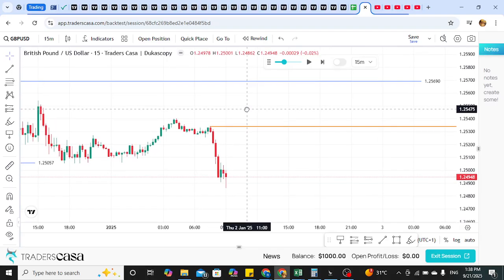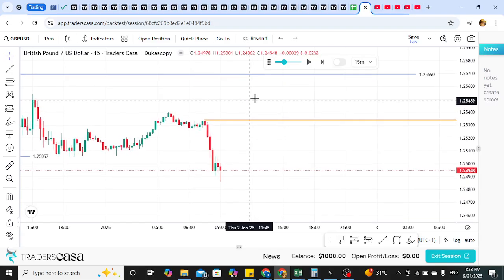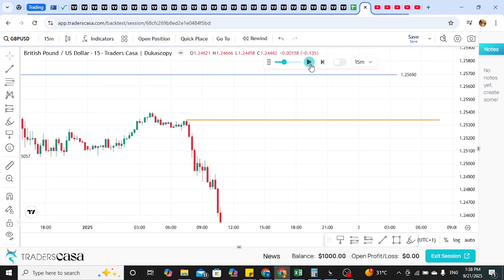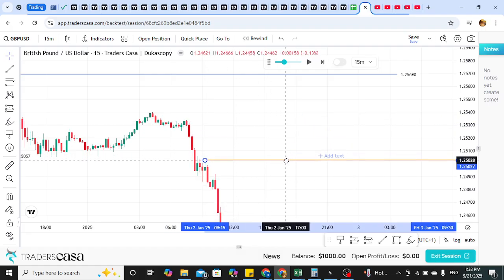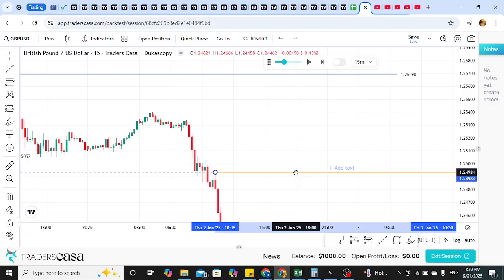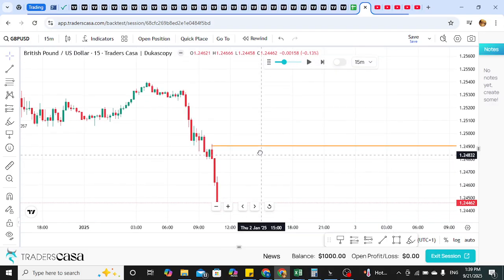So this is the high of the range. What we need to identify is the low of the range. Okay. So do we have a pullback? We have a pullback here. We have a pullback here. Okay. So this is the most recent pullback.